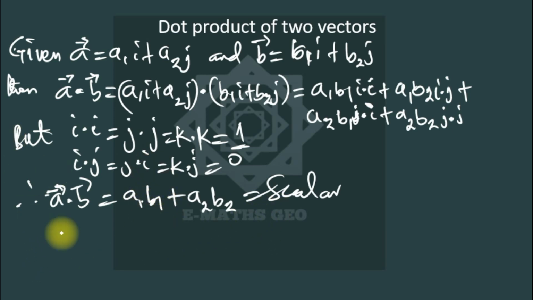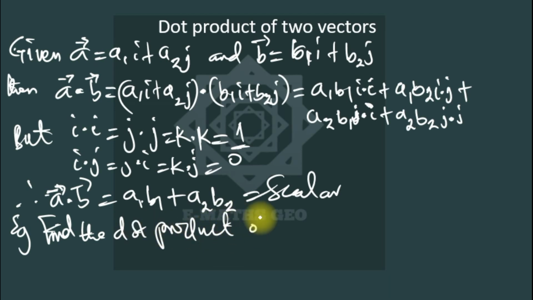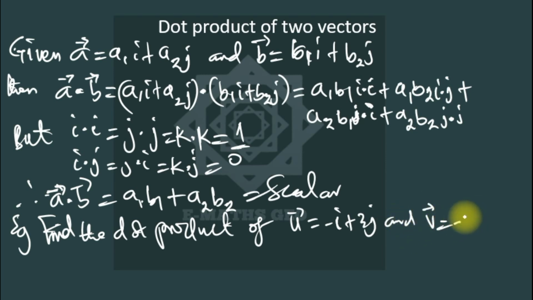Yes. So for example, if someone asks you, find the dot product of vector u, minus i plus 3j, and vector v, which is maybe minus 3i minus 8j. So the answer is simple. Vector u dot vector v is now equal to, what's the coefficient?